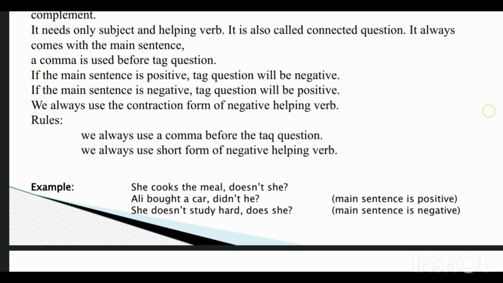The main sentence is positive in the first two, and in "she doesn't study hard, does she?" the main sentence is negative.